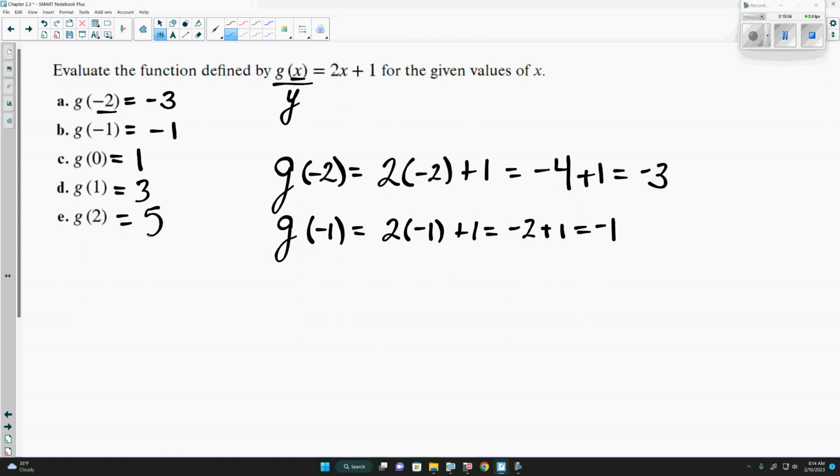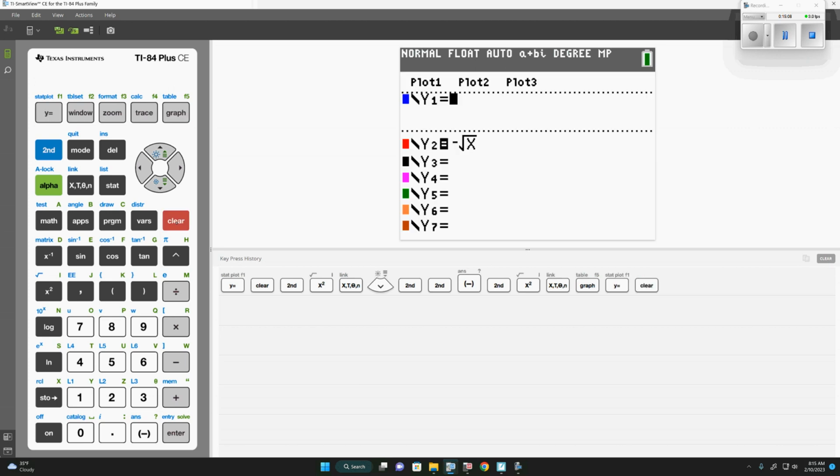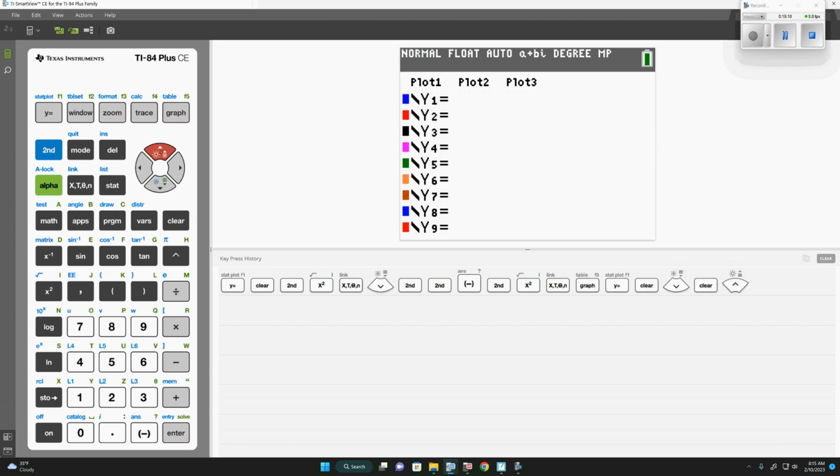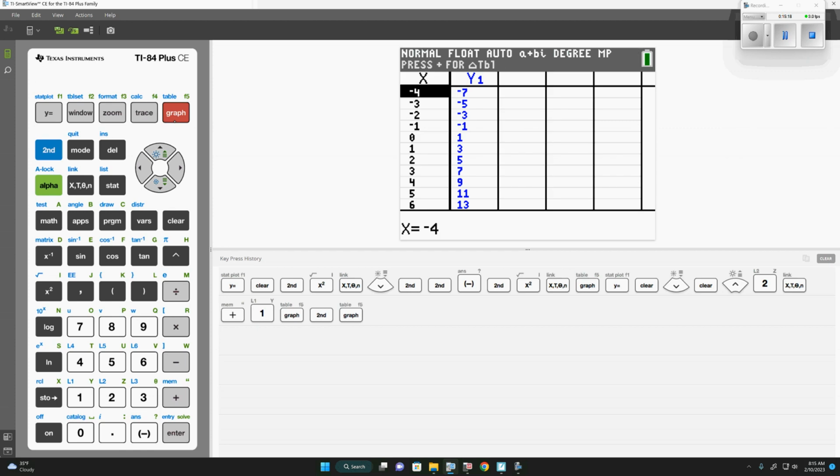An easier way we could have done this is those are all those points: -2, -1, 0, 1, 2. They're all listed out there. We could have graphed it and used the table to find the points. But that's it. We're just plugging the values in for x.